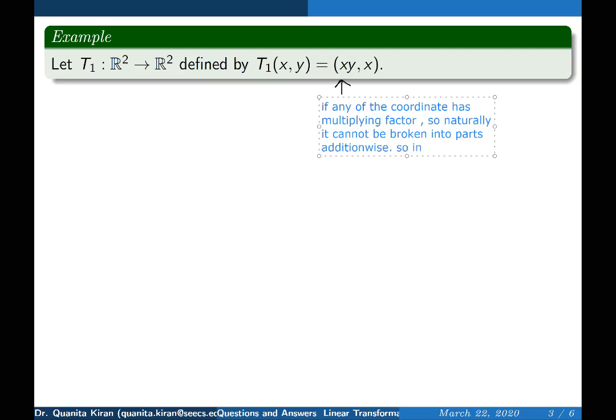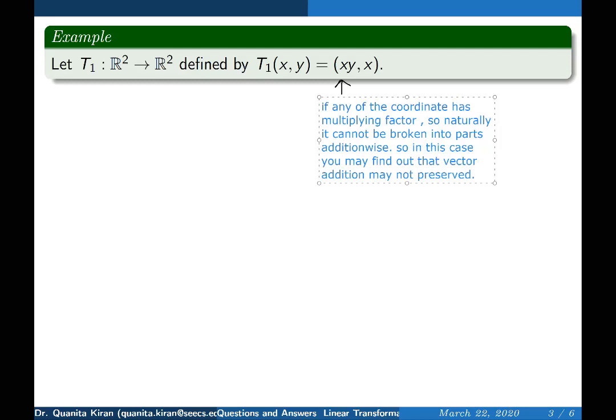So in this case, you may find out that vector addition may not be preserved. You can take any example like we did in the previous video, and it will work in this case.